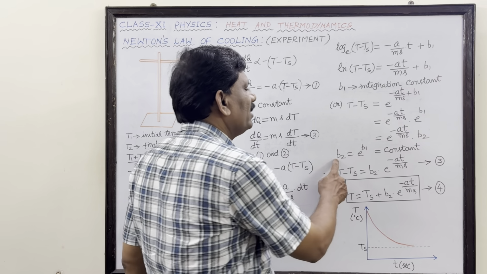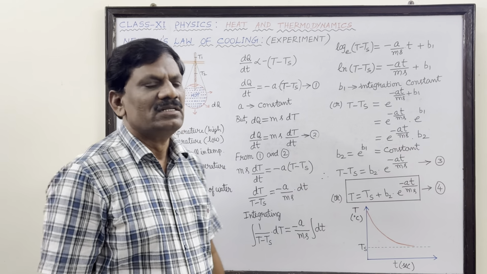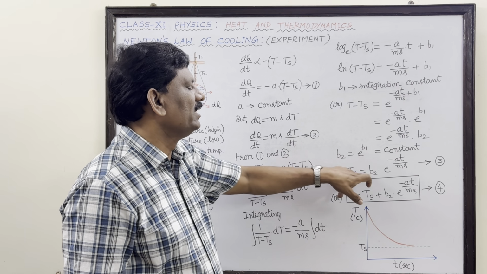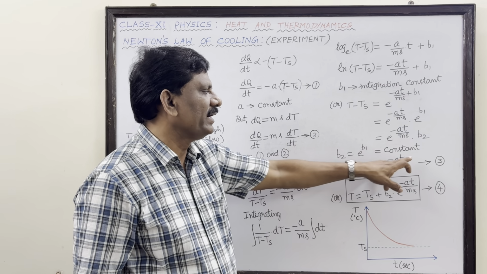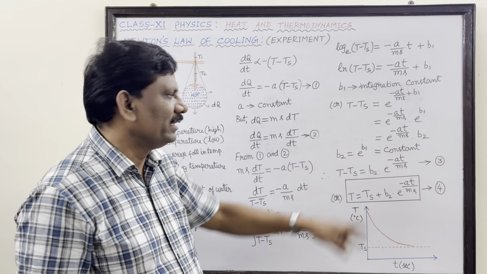So b2 is equal to e raised to the power b1, which is a constant. So now the above equation becomes T minus Ts is equal to this constant b2 multiplied by e power minus At by ms. This is another important step, okay?